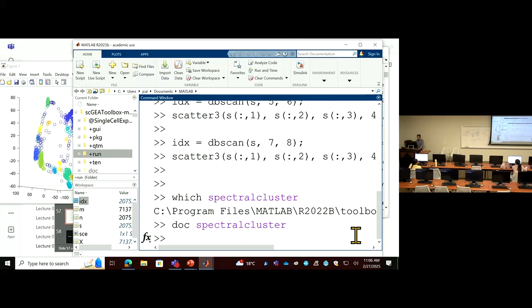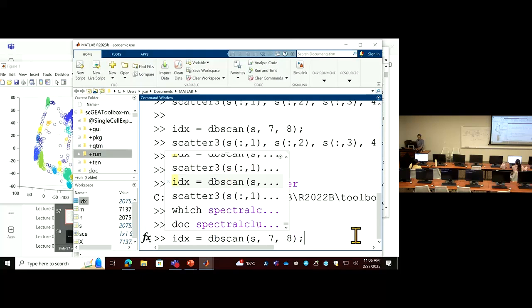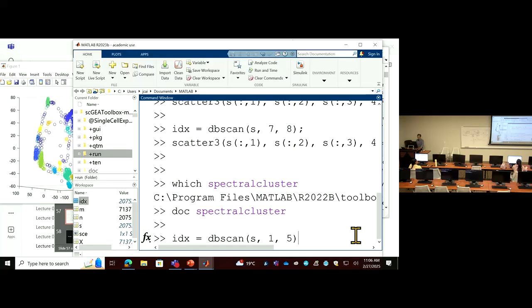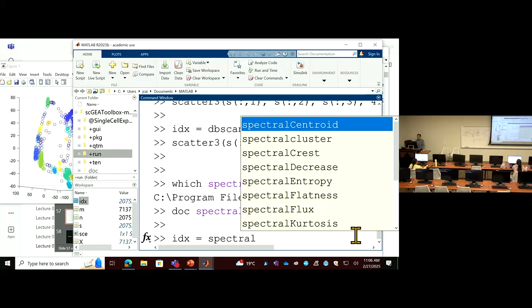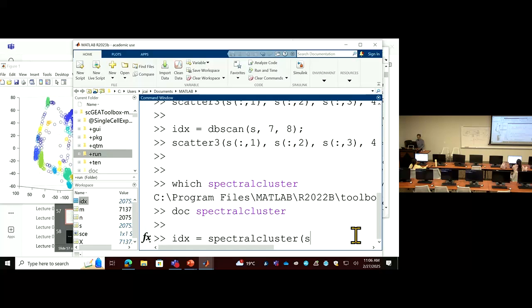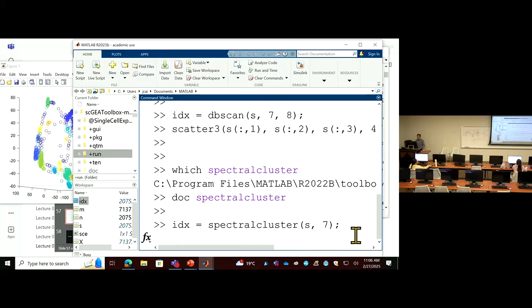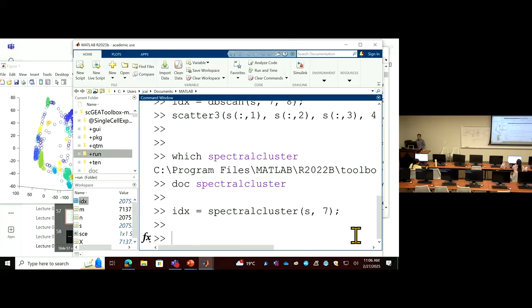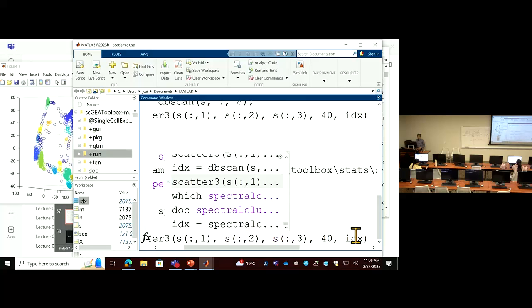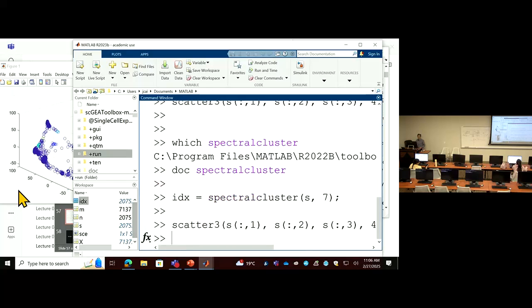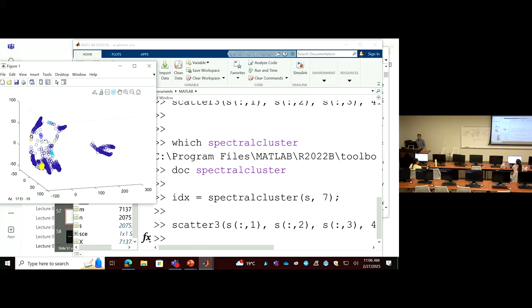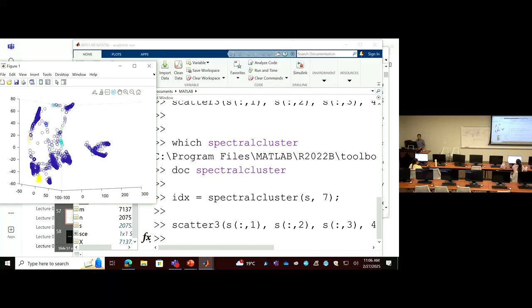Similar to K-means. So the way we can do it is to do this spectral cluster with S and 7. And the outcome looks like this.